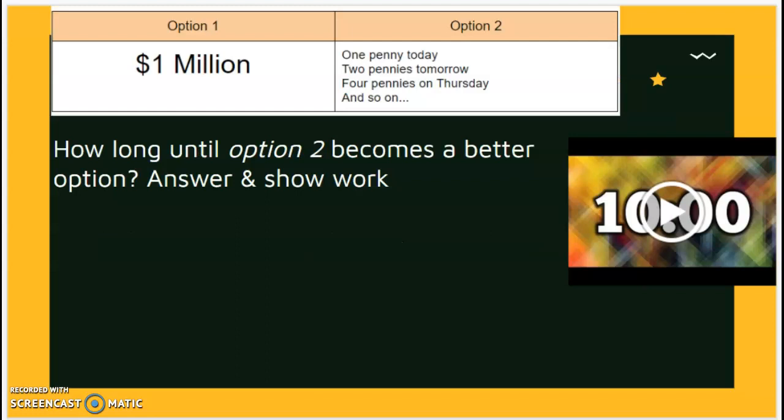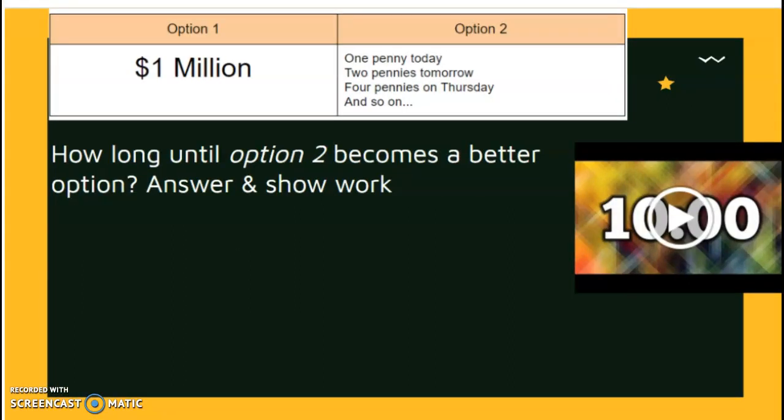So now I want you to use math, create a table, pause the video, and figure out how long until option 2 becomes a better option. Go ahead, pause the video, and start writing out a table.